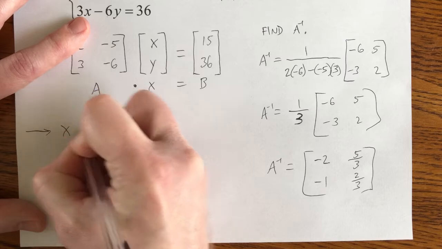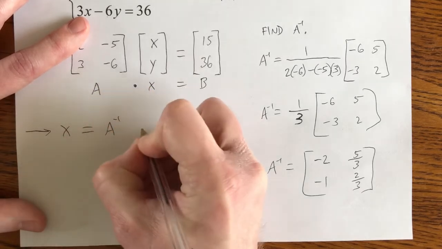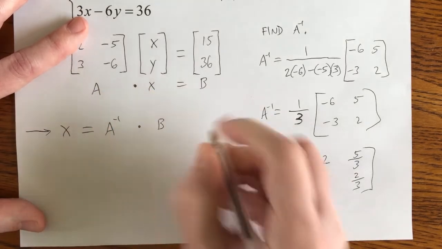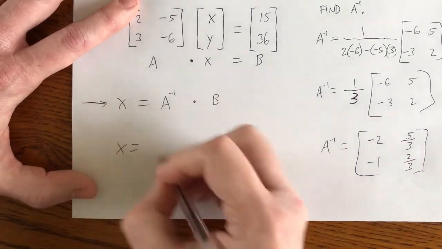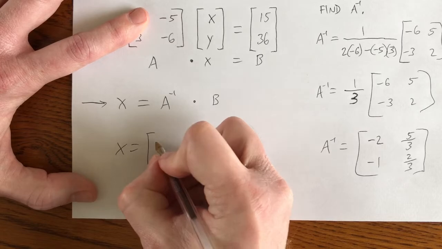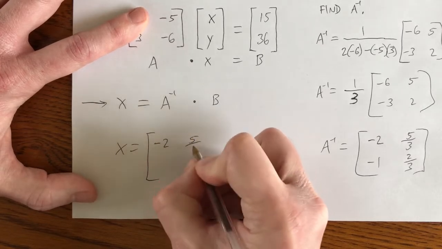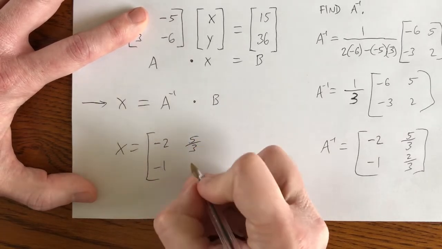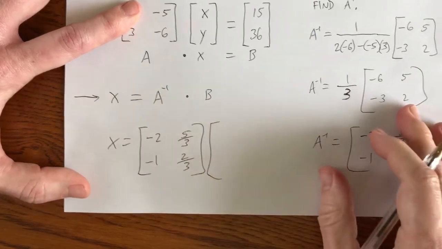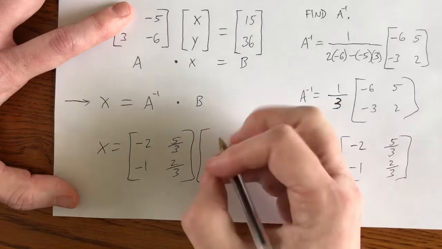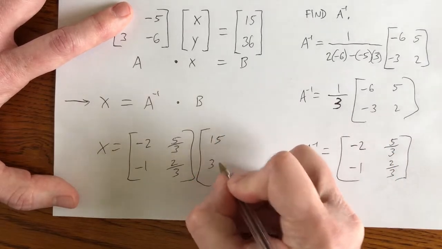So we know X equals the inverse of matrix A times B. X equals what we just came up with, -2, 5/3, -1, 2/3. Matrix B is right here. That's 15 and 36.